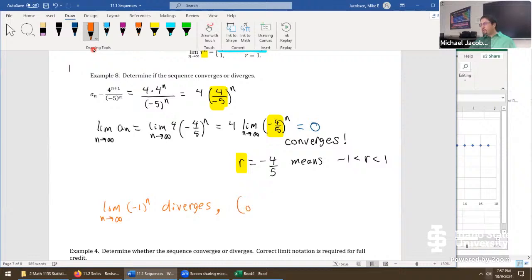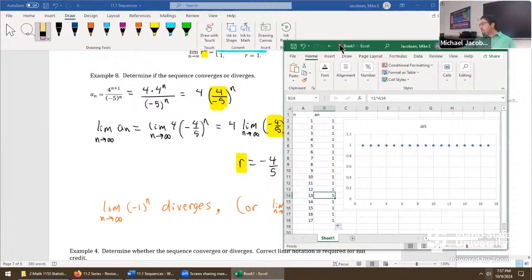But if you like shorthands, you could say the limit as n goes to infinity of -1 to the power of n is positive or minus infinity. This is one of those kinds of shorthands where you might want to ask your instructor if you're in a different class if that's acceptable, because people have strong opinions on those kinds of things. Some people like it and feel it's appropriate.